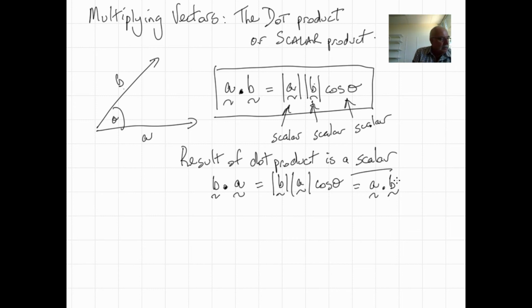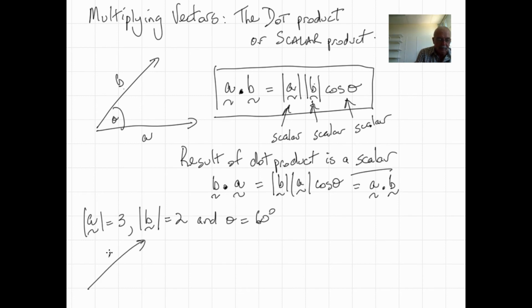Quick little example. So if the magnitude of A equals 3 and magnitude of vector B is 2 and theta is equal to 60 degrees, so what would that look like? You've got A going up there and that's 3 units.